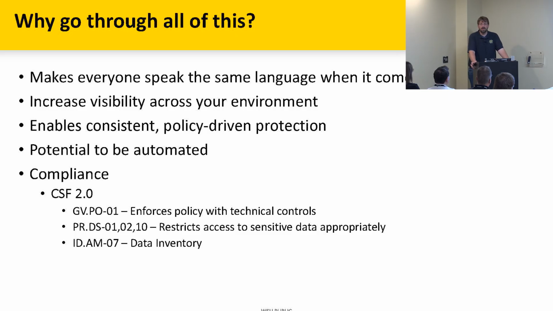Also, you're all probably familiar with CSF 2.0 and those standards we have to meet. Labeling by itself will meet several of those, and in tandem with other controls will help meet some additional ones. So that's also a pretty good benefit.